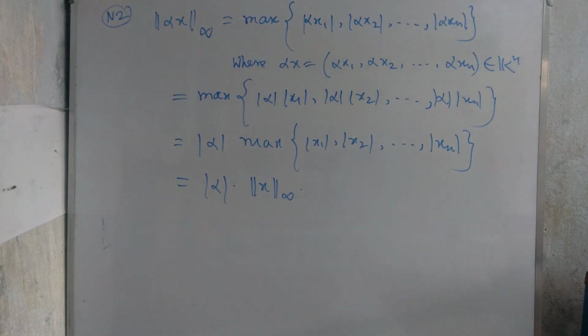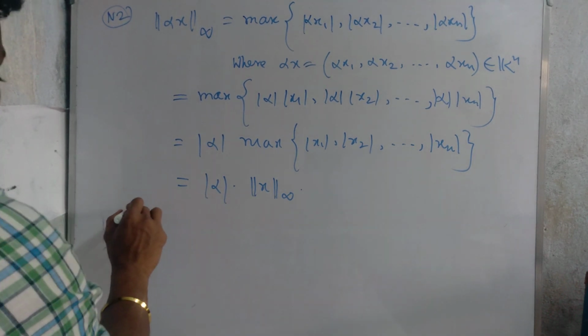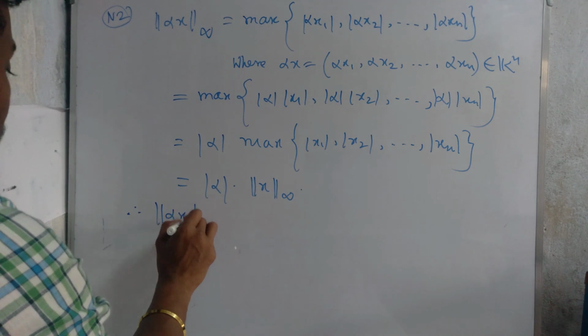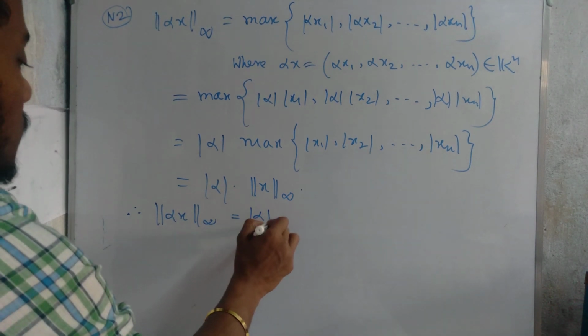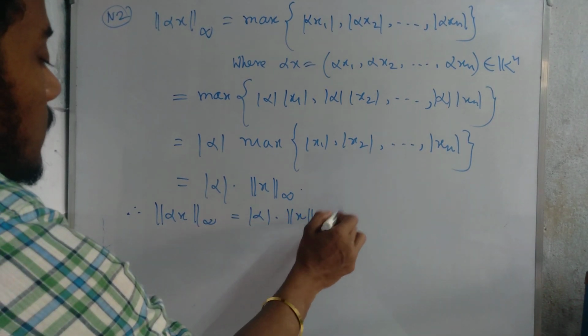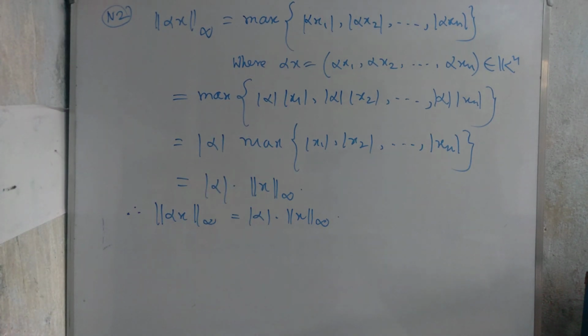So the second condition is satisfied: norm of alpha x infinity equal to mod alpha norm x infinity. Not a problem at all.